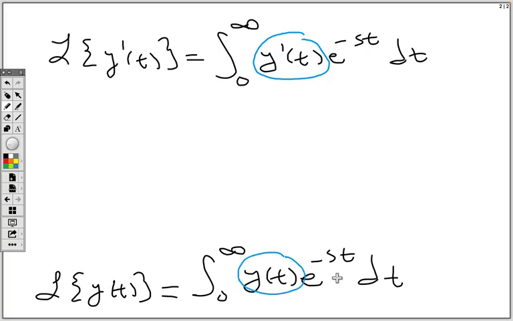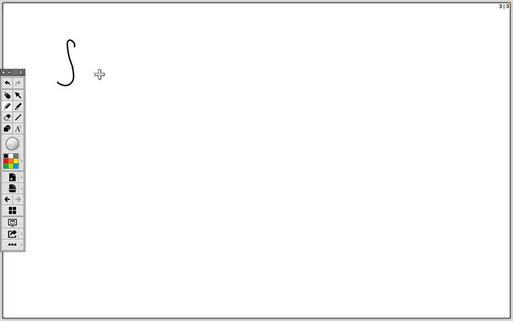So the first thing we got to figure out is how could I get the derivative out of here and the original function back in. And the way we'll do that is by parts. We'll do integration by parts on this. So let's take a look at the antiderivative here, y prime of t e to the minus st dt.